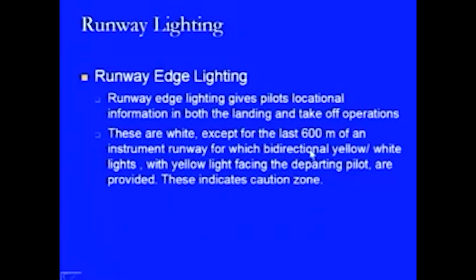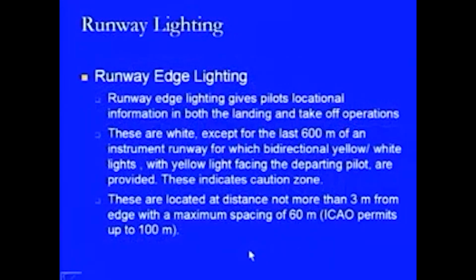So, if you are looking at these lights at the edge, the white lights will be seen from the outer side towards the edge, whereas a departing pilot will see the yellow lights facing him, and these indicate caution zone, for safety reasons. These are located at a distance not more than 3 meters from the edge with a maximum spacing of 60 meters, whereas in the case of ICAO it permits up to 100 meters.